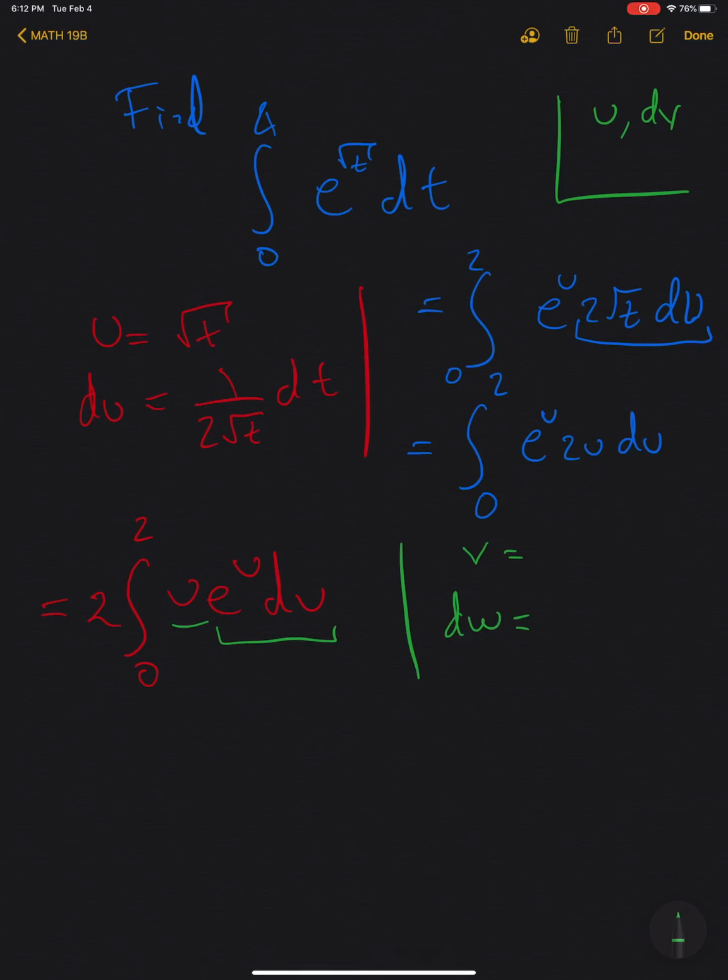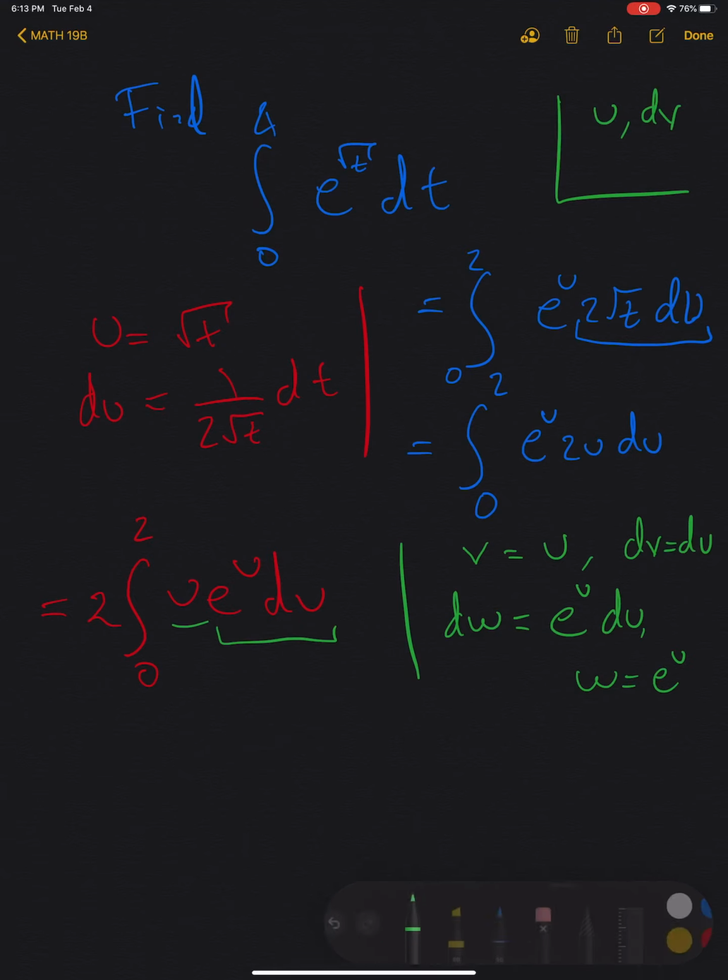So I have that my first part of the integration by parts is going to be u, and the second part is going to be the exponential. This means that I have dv equals du, and then w is going to be just e to the u.